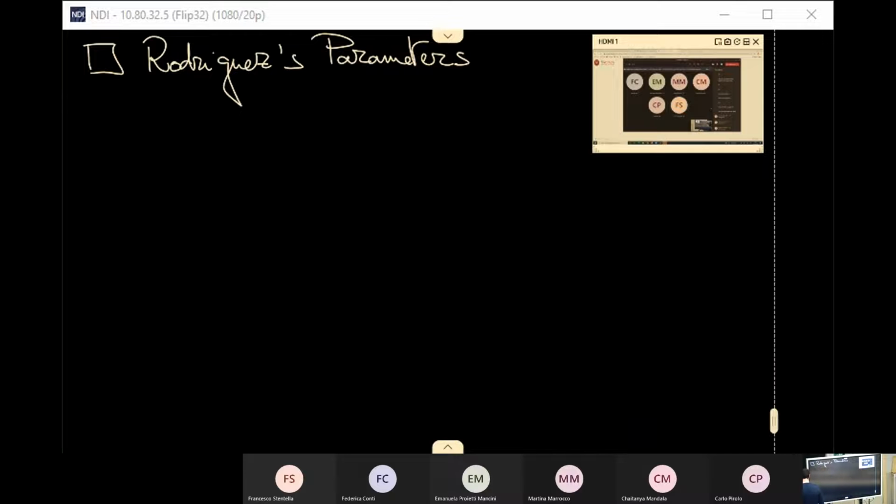All right, so let's start with Rodriguez parameters. The difference with what we have seen yesterday, which were Euler's parameters, is that in this case we have only 3 parameters. And as we already saw, that's the minimum that we need, right?